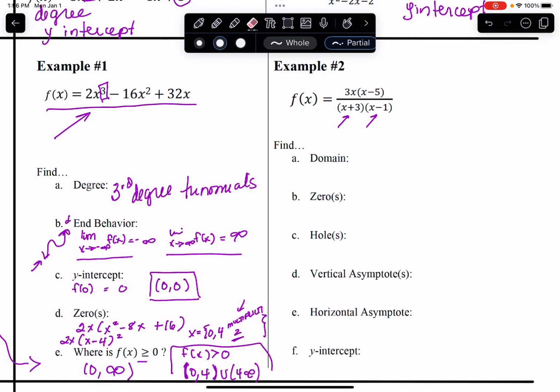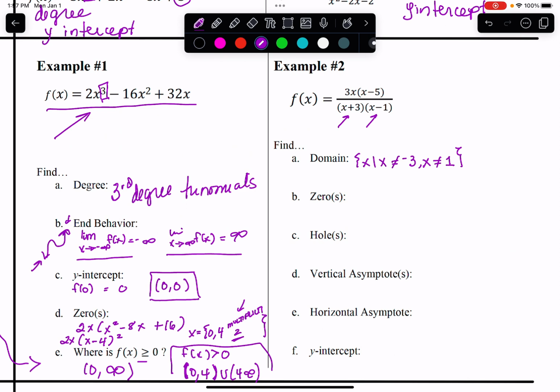But for this one, I'll do both. So for the domain, in set notation, we would say x such that x cannot be equal to -3, and x cannot be equal to 1. And so that's how you write the domain in set notation.